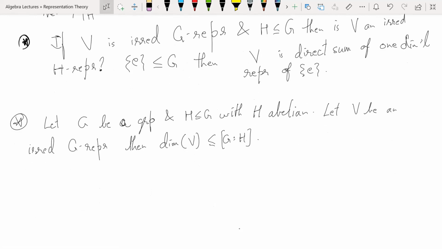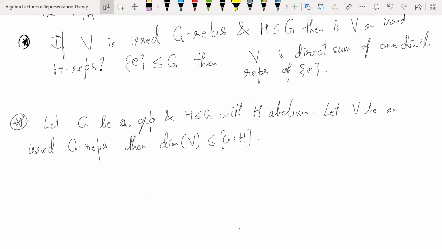Saying that it's a representation of E is like saying that it's a vector space. You don't get any more information, there's no additional structure. And any vector space, you can write it as the sum of one-dimensional subspaces.